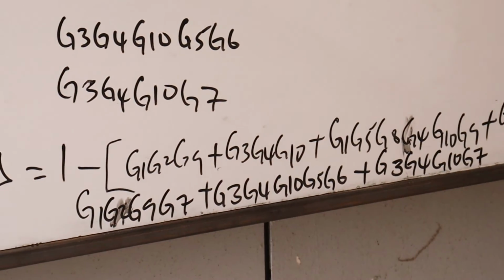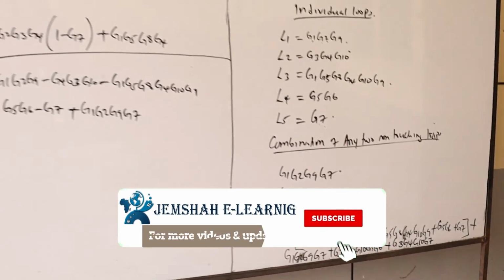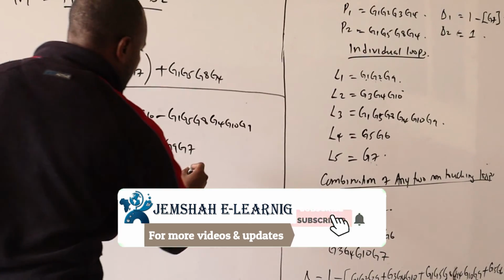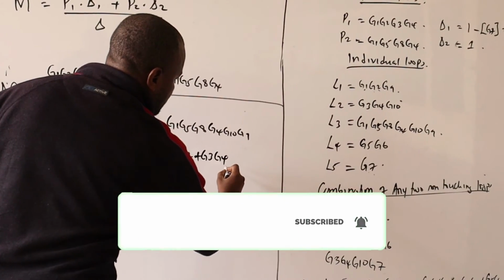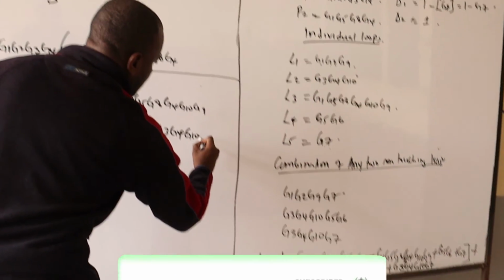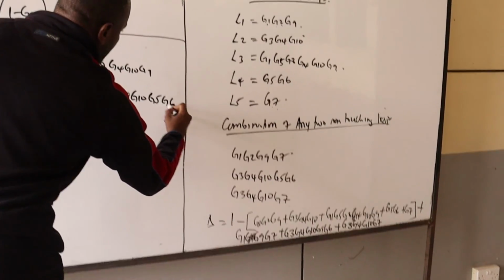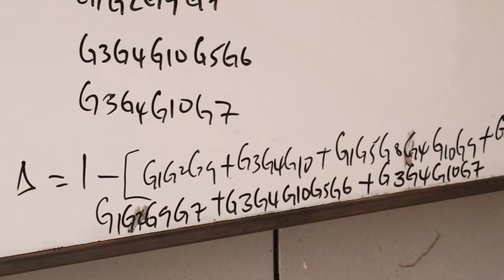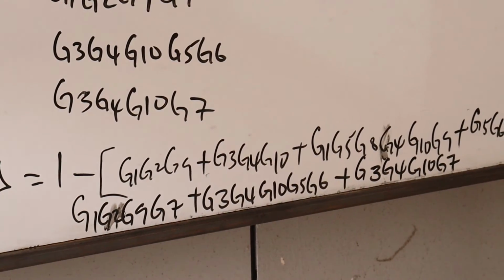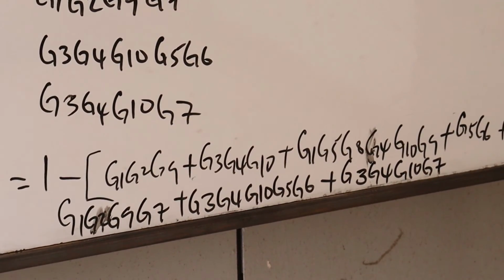Then, of course, we look at G3, G4, G10, G5, G6, plus G3, G4, G10, G7.